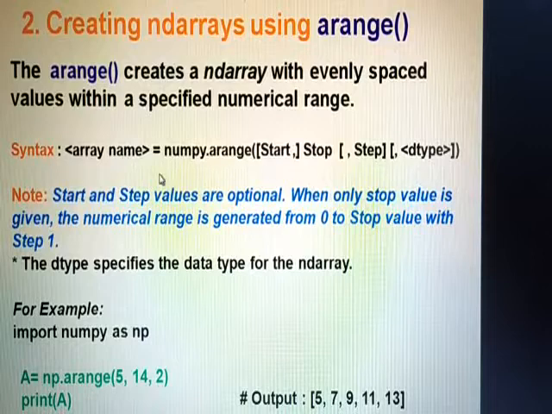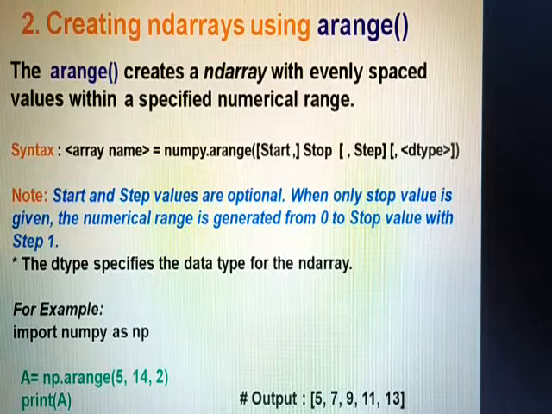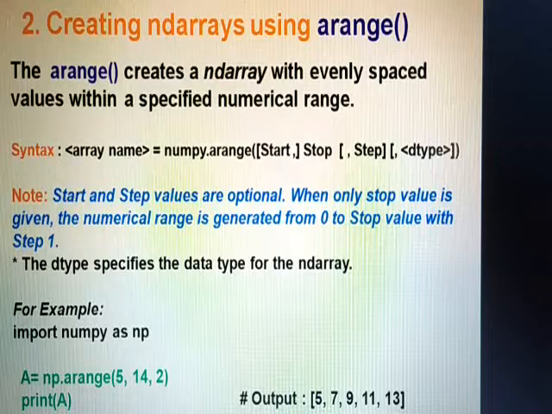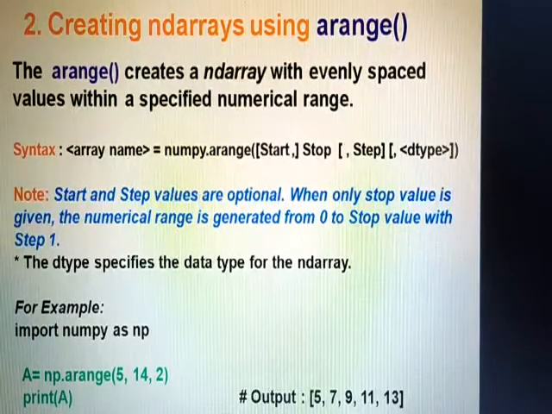Here the start and step values are optional, and when only a stop value is given, the numerical range is generated from 0 to the stop value with step 1. The dtype is also optional and it specifies the data type for the ND array.